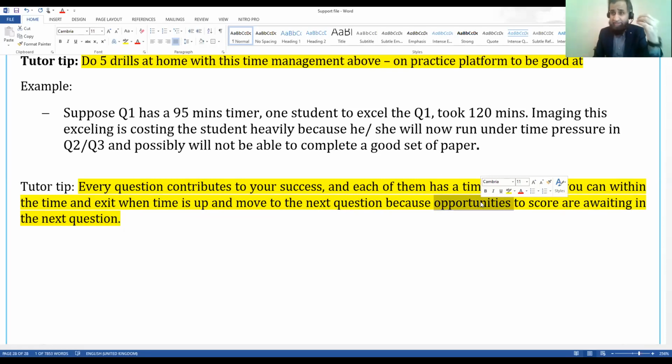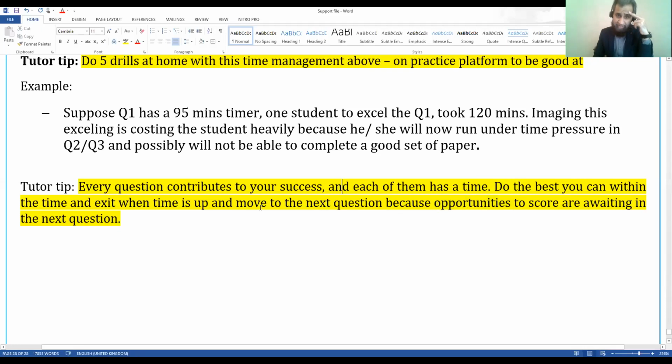There might be 10 easy marks in the next question asking you to recommend the procedures on going concern, and you're losing it. So why are you wasting the opportunities over excelling one question? There are opportunities in every question, right? And you will regret it in the last 10 minutes if you don't do this.